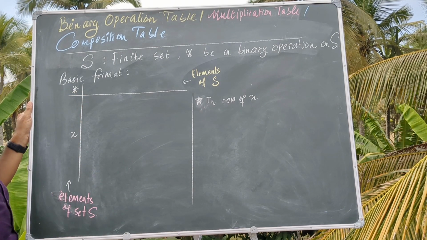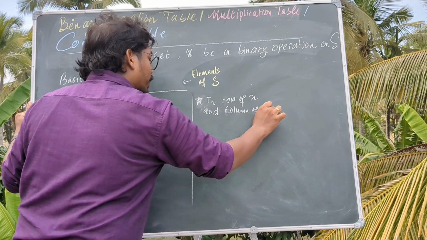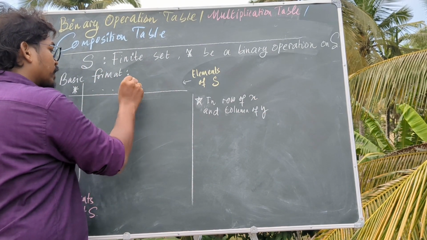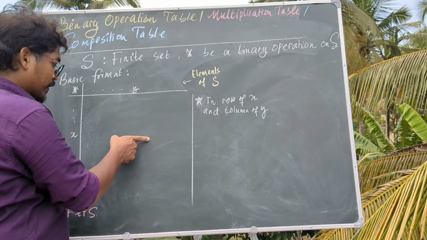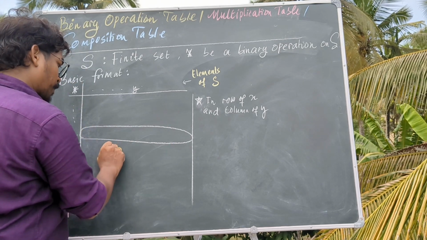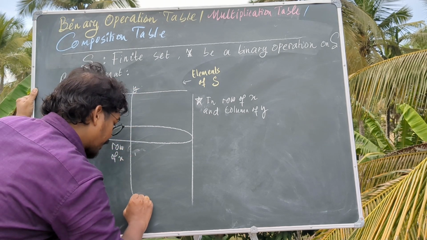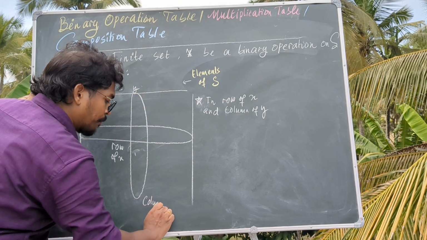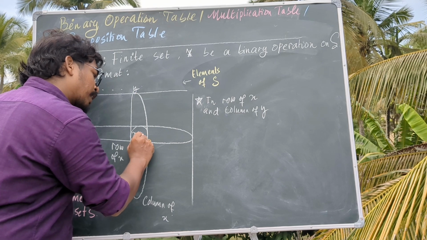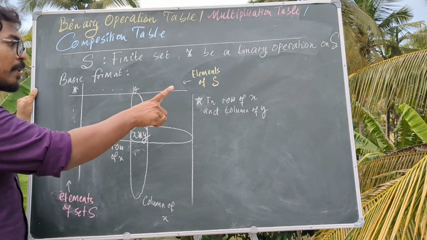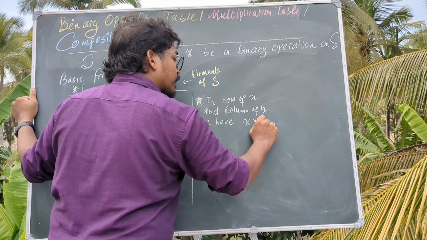Suppose somewhere we have X, and column of Y, somewhere we have Y. In row of X and column of Y, this is row of X, and this is my column of Y, this entry is X star Y. In row of X and column of Y, we have entry X star Y.